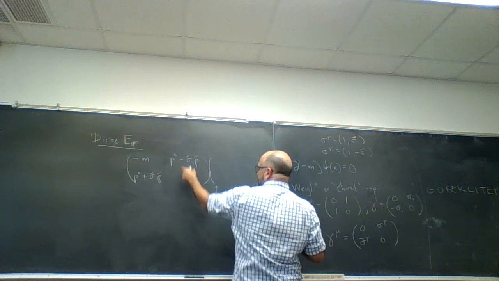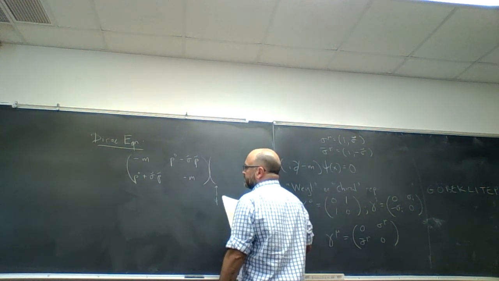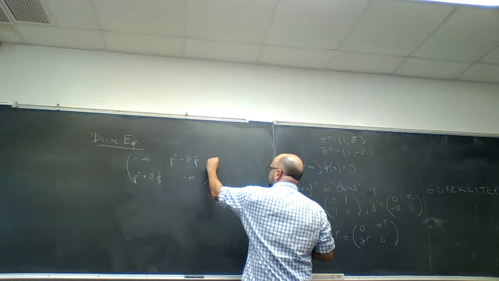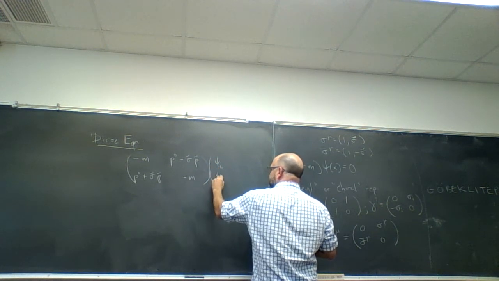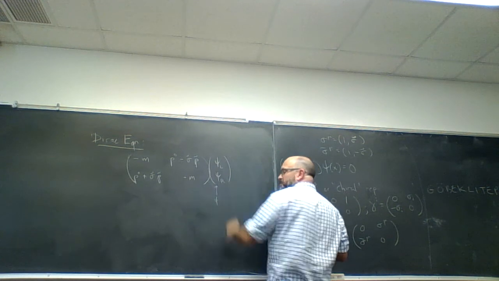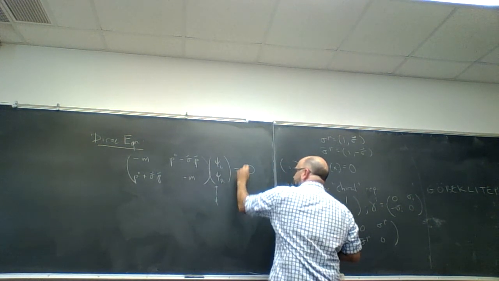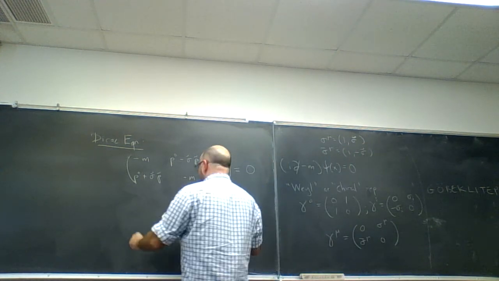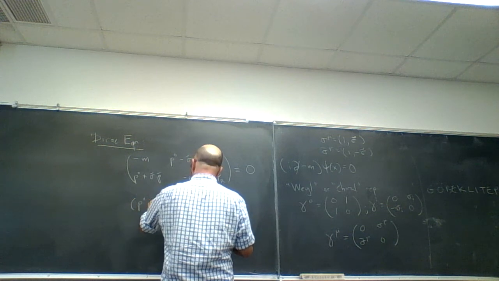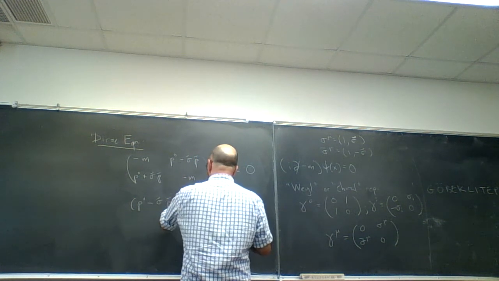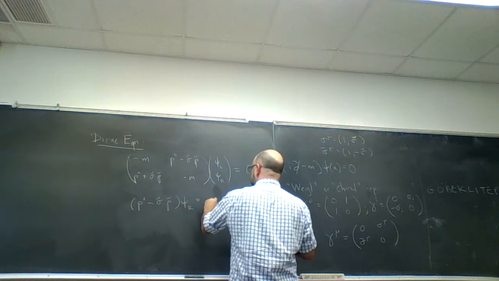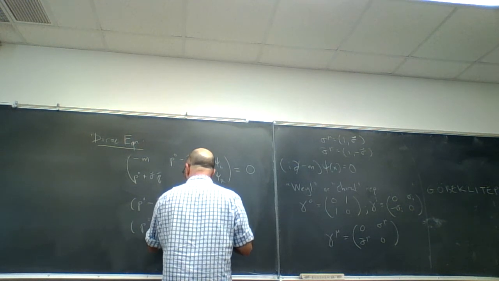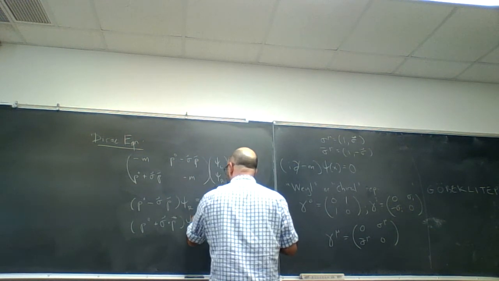Since we've broken everything into block diagonal form, we break psi into two-component spinors. For reasons that we didn't make explicit in the beginning, we call them psi L and psi R, and this all has to be equal to 0. If you multiply this out, it gives you two equations: (P0 minus sigma dot P) psi R equals m psi L, and (P0 plus sigma dot P) psi L equals m psi R.